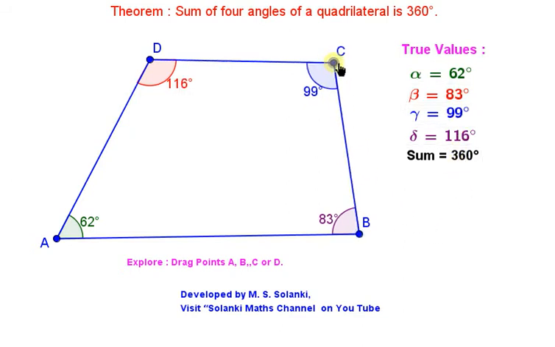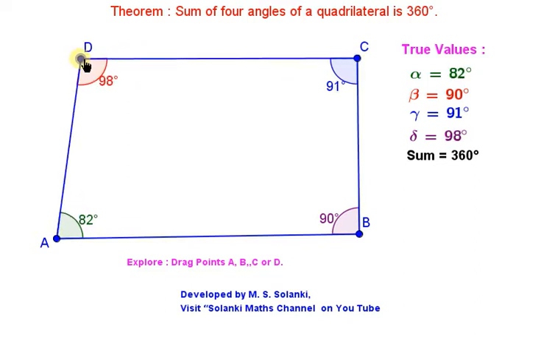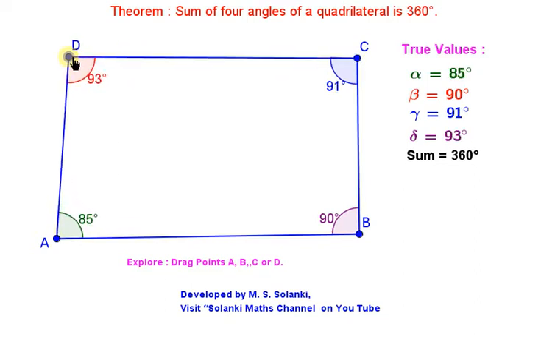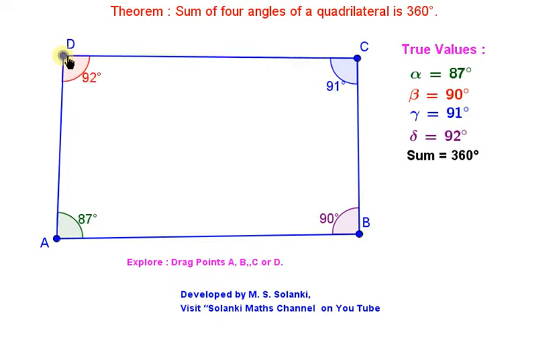I am trying to make this a 90 degree angle, perpendicular, so as to form a rectangle. Dragging this point and adjusting to show a 90 degree angle.